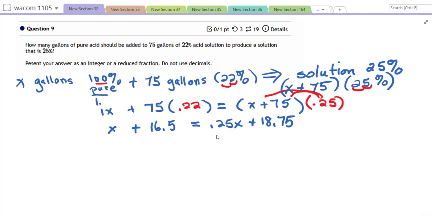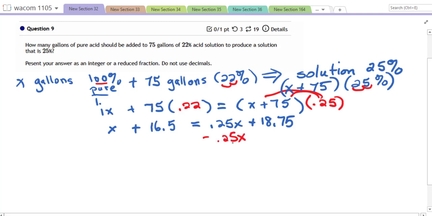I'm going to get my x terms on the same side, so I'm just going to leave the decimals in. Subtract 0.25x. So this is 1x minus 0.25x. You can use your calculator. It's going to give you 0.75x.